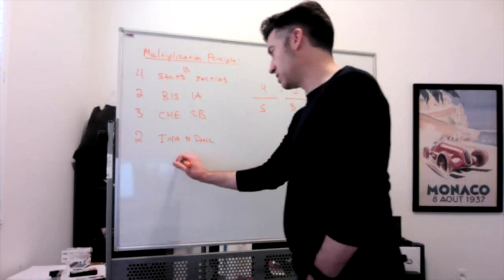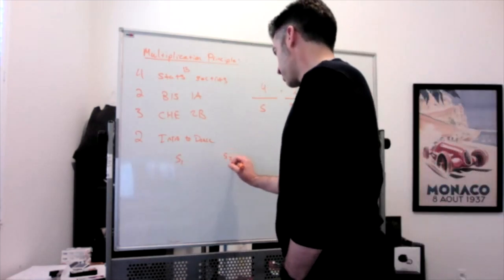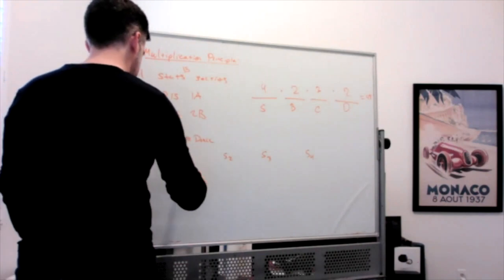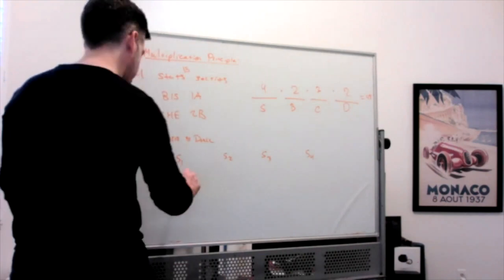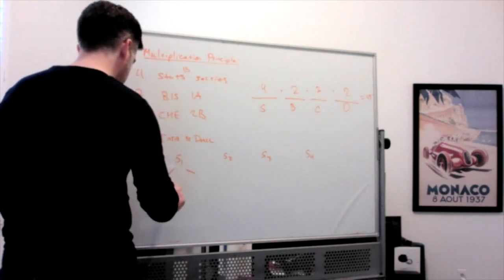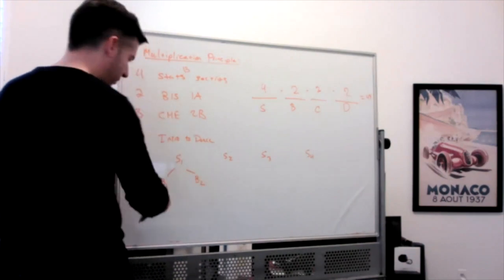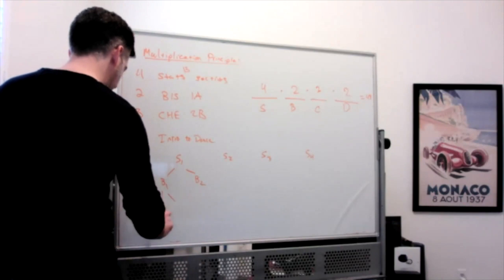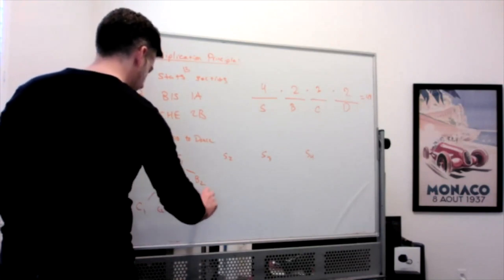If you look at each of the different sections of stats, for each section of stats, you could pick 2 different sections of bio, the first section or the second section. And then for each section of bio, you can pick the first section of chem, the second section of chem, or the third section of chem.